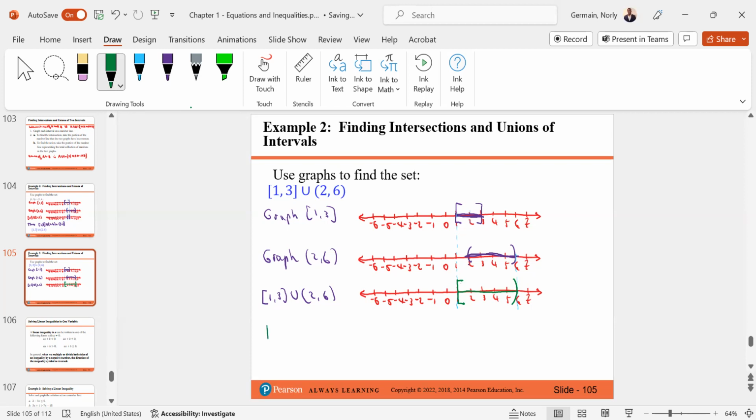The interval [1, 3] union (2, 6) is equal to the interval, because we need to put a bracket at 1 and a parenthesis at 6, [1, 6). All right. So that would be our answer for this one.